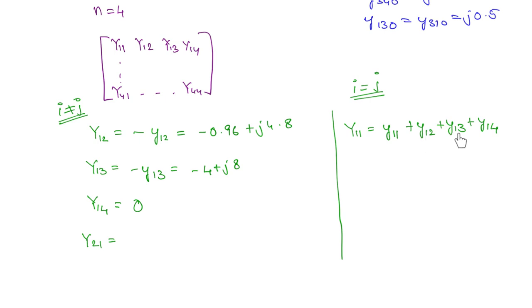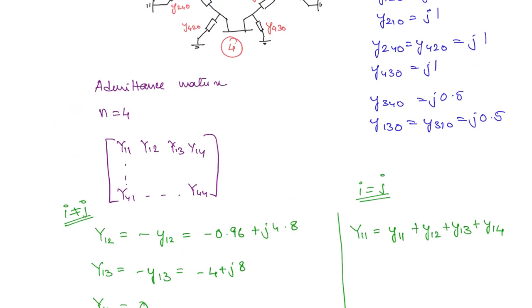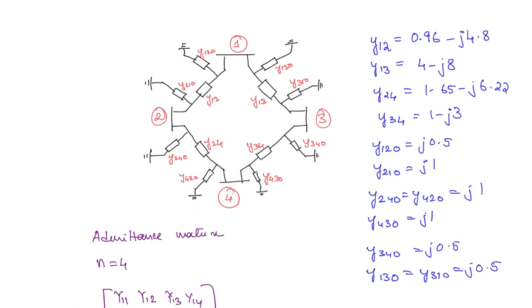Y12, y13, y14 you already know. We just need to find y11. Here at bus 1, you have one transmission line, and another transmission line. The admittance of this transmission line at this end is y120 and here it is y130. So Y11 will be equal to y120 plus y130, as simple as that.